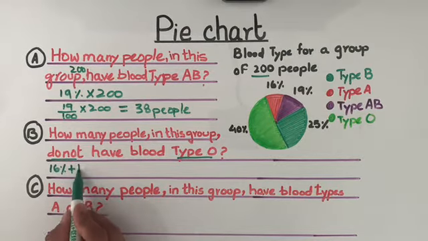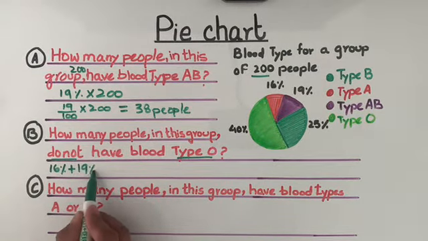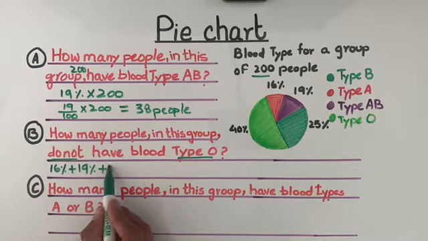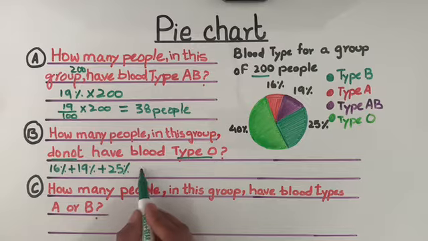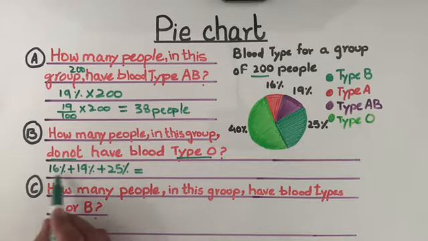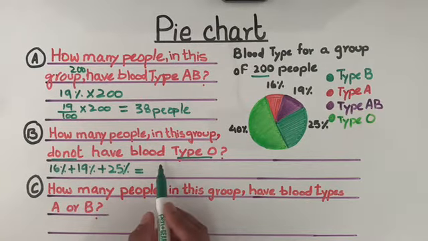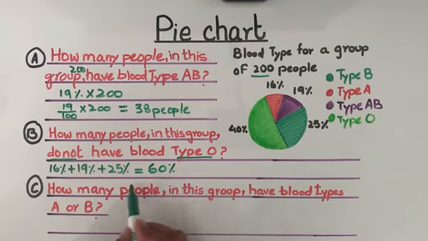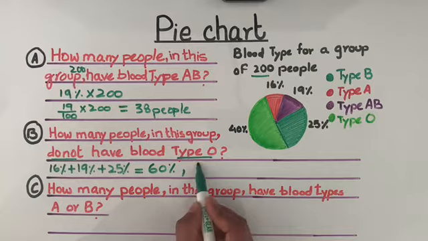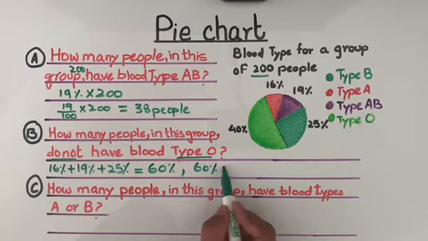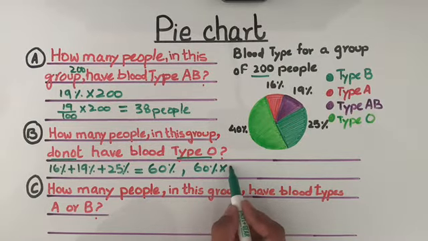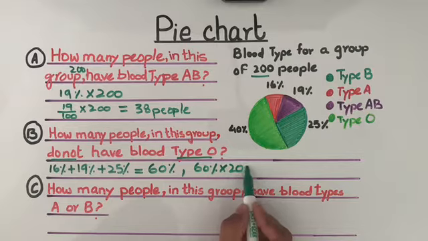plus 19% plus 25%. So first I'm going to add these three percentages. So when I'll add them, my answer will be 60%. So what will be my equation? 60% people out of 200 people do not have type O blood. So this will be my equation.